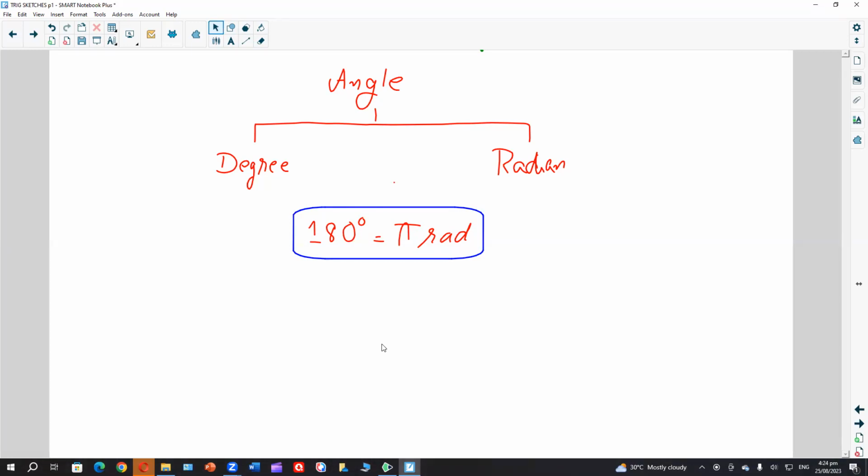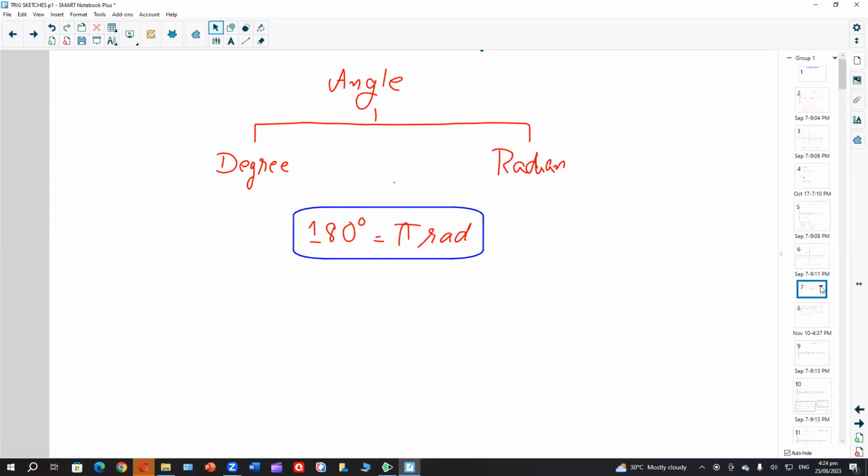Normally, when people are working in P1, their calculator should be in degree mode. And if they want to change it in a chapter, they must remember to come back to the normal mode, the degree mode, after completing the question.